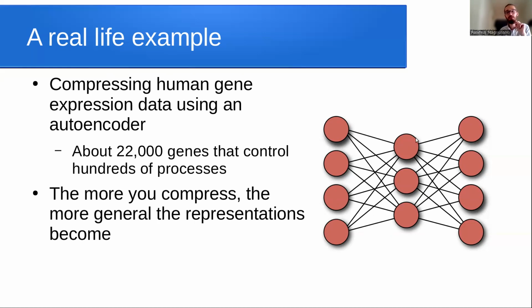And if you have very few of them, maybe you get even bigger, multiple pathways that overlap become encoded to the same things. So it's a way of teaching the autoencoder to find complex patterns in big sources of data.